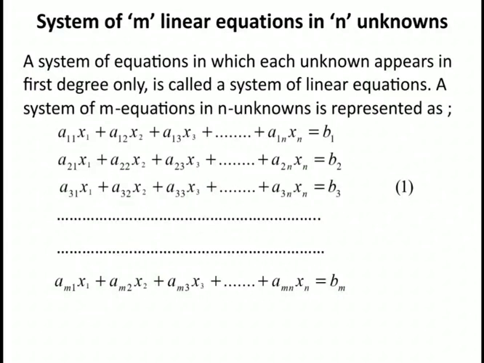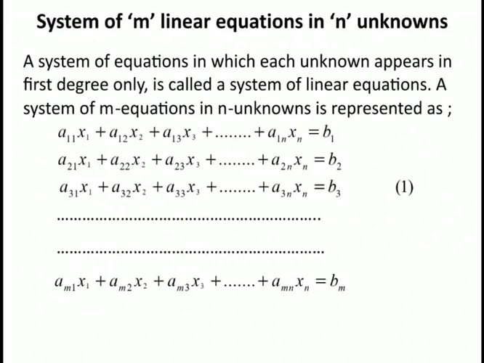First, let us see about the system of linear equations. A system of equations in which each unknown appears in first degree only is called a system of linear equations. A system of m equations in n unknowns is represented as a11x1 plus a12x2 etc. up to a1nxn is equal to b1.